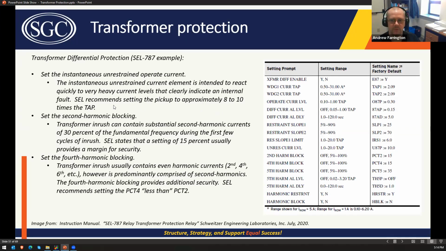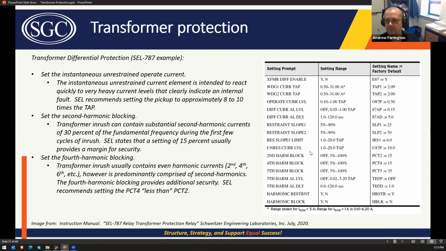SEL recommends that you set the pickup approximately 8 to 10 times your tap setting. And you can double check to make sure that you have enough fault current to reach that level, but that's just their recommendation. So this disregards that differential slope and just operates immediately just on the operate current.